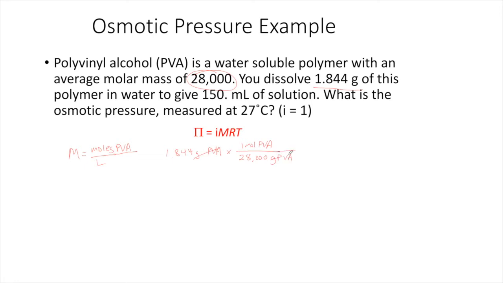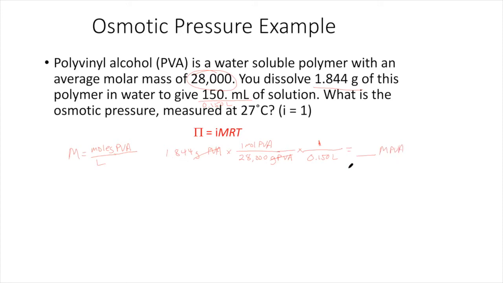So grams of PVA cancel. Now I have units of moles of PVA, but I need molarity, so that's per liter. I'm told this is in 150 milliliters, which is 0.150 liters. So I divide my number of moles by 0.150 liters, and that gets me the concentration of this polymer.